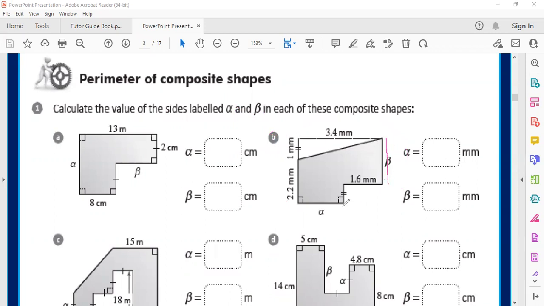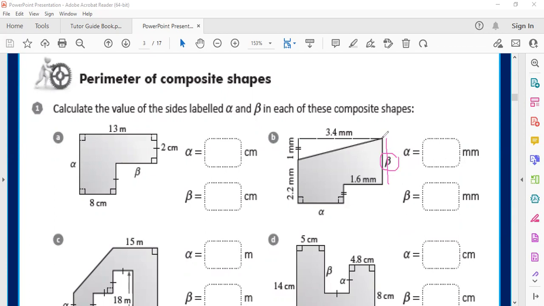How do I find this? Where did you get 5 from? See that? Answer correct. How do I find this beta?